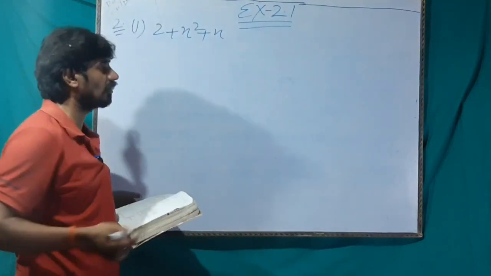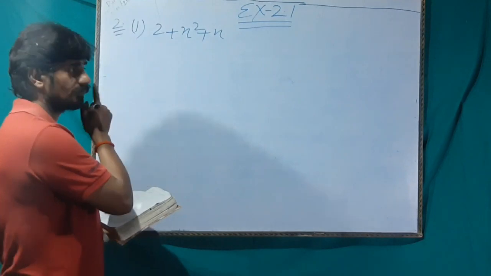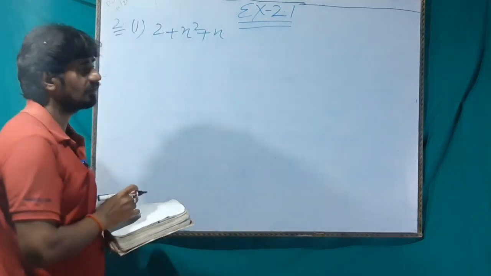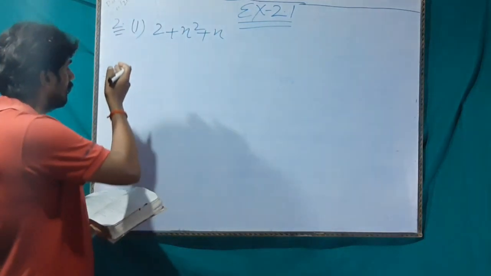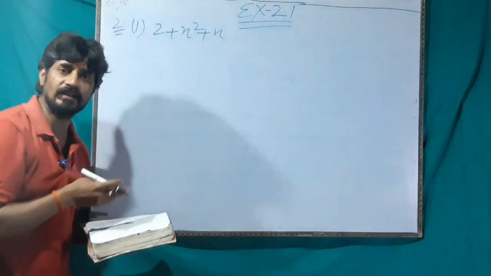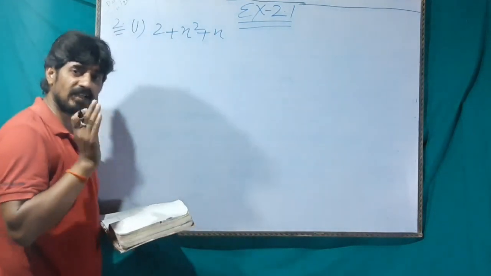Now we will discuss question number first or second of exercise 2.1. Here we are going to write the coefficient of x square.